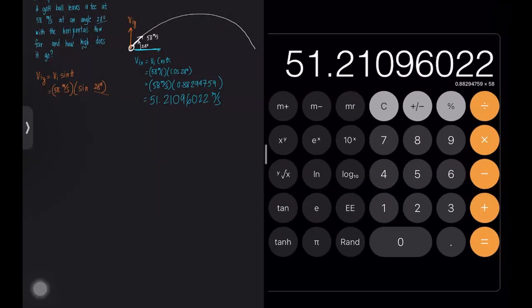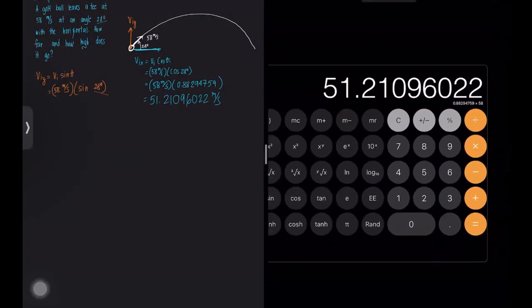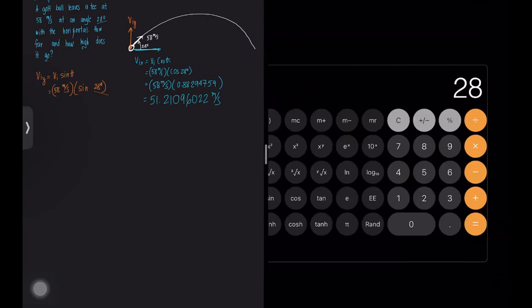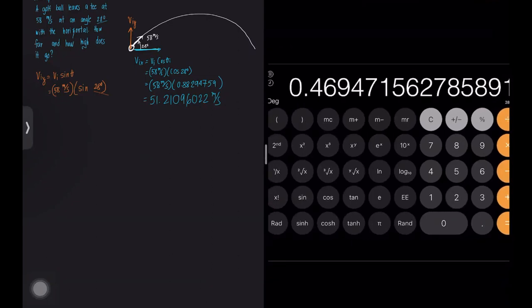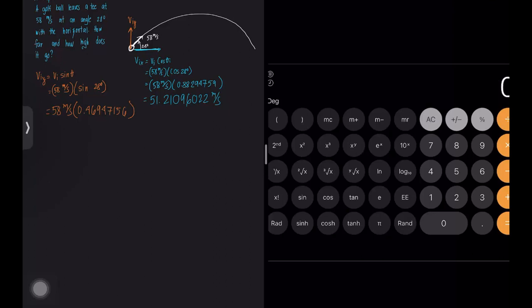Sine 28 is 0.46947156, and we multiply that by 58.